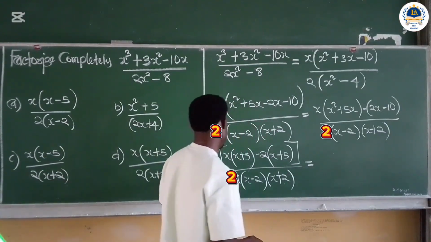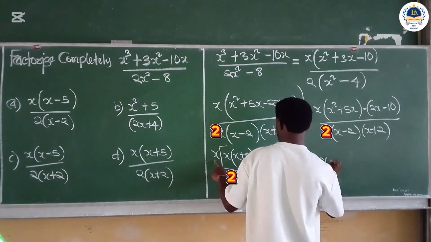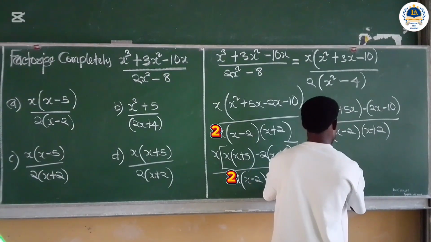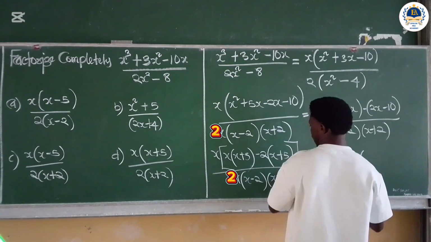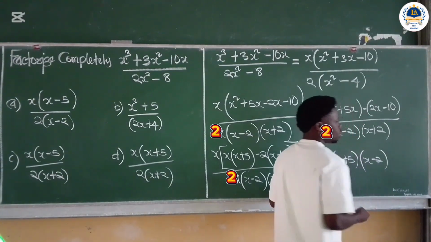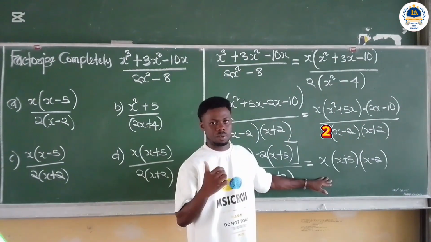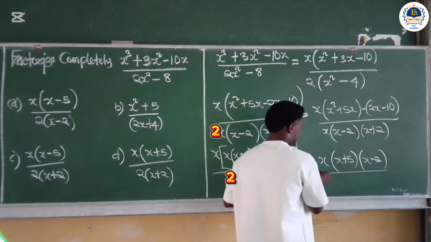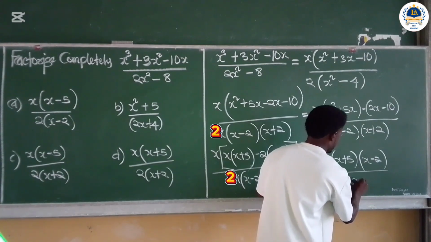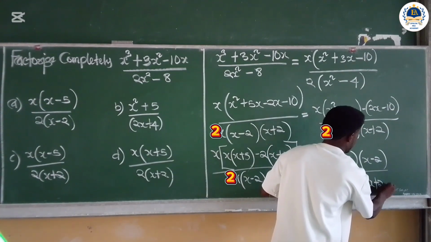This gives x, in parentheses, x plus 5 and x minus 2. This has already been treated in our previous video, so go back and check it. All divided by x, in parentheses, x minus 2 and x plus 2.